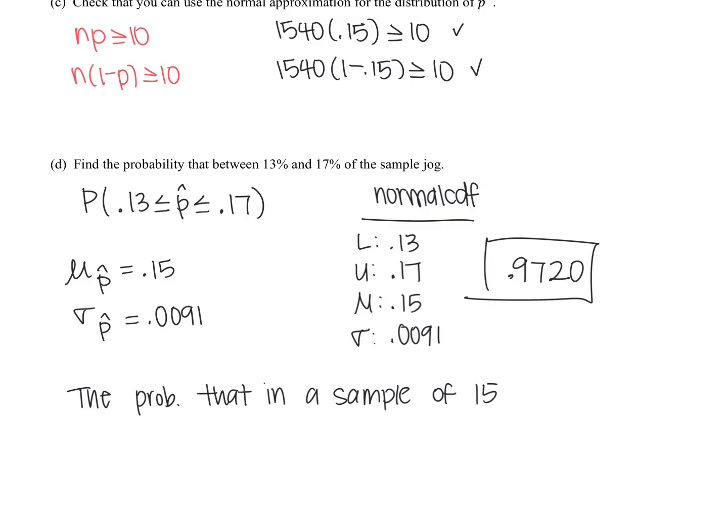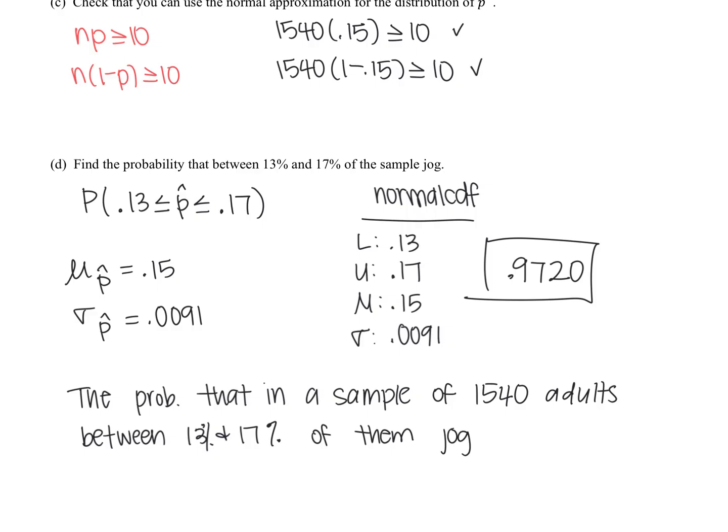And then for our sentence, we can say the probability that in a sample of 1,540 adults between 13 and 17% of them jog is 0.9720.